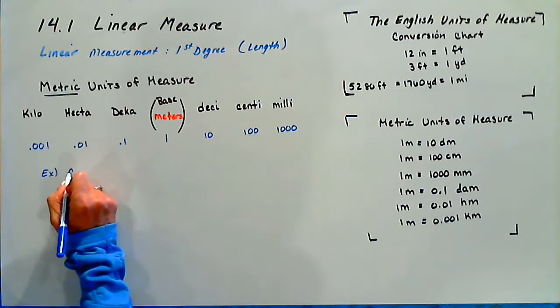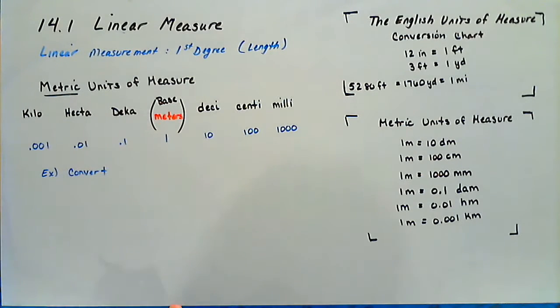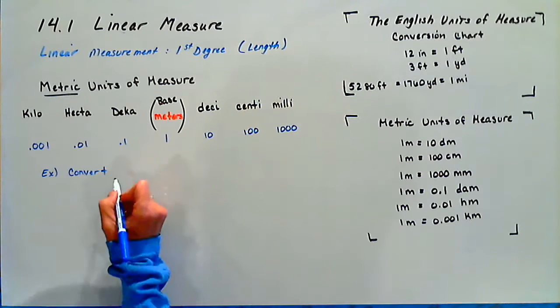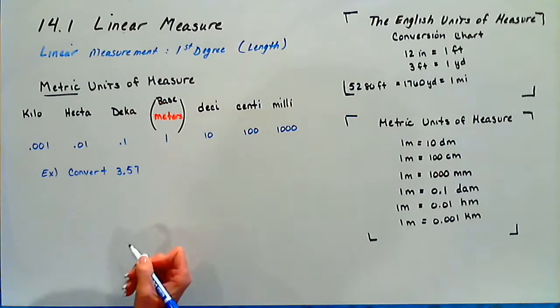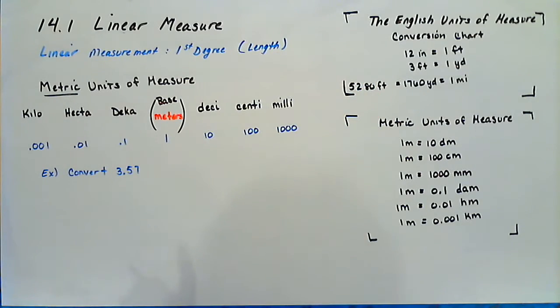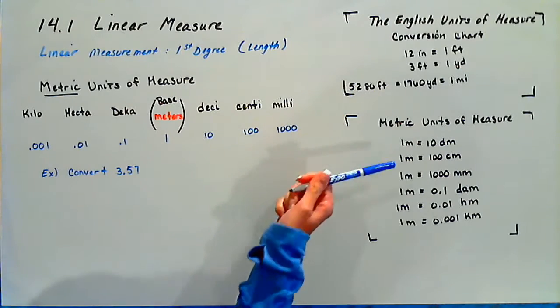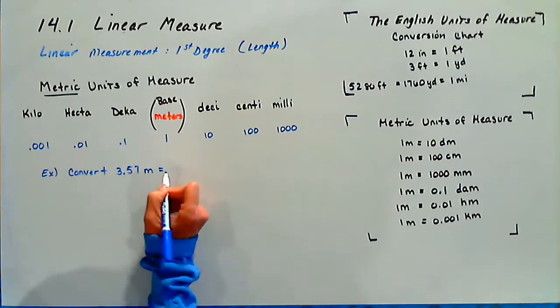We're going to stay within the same system. If I'm starting with metric, I'm going to keep it in terms of metric. We're not going to worry about switching back and forth. There's a very nice conversion from English to metric, but we're going to stay within the same system.